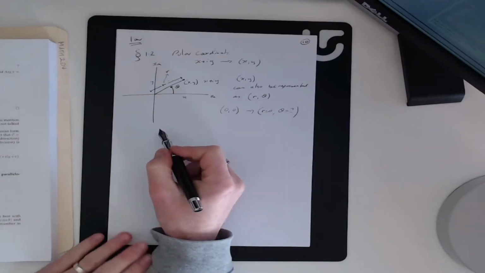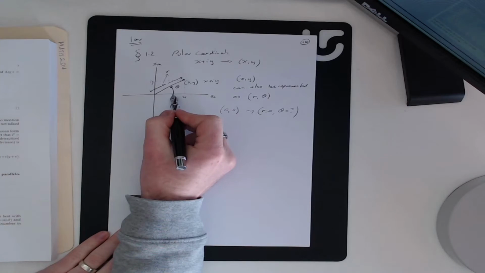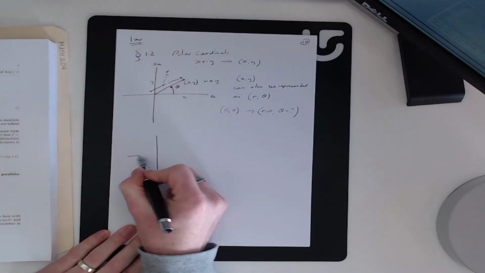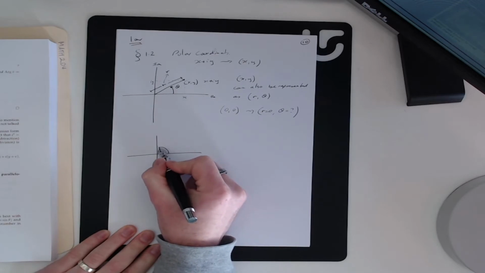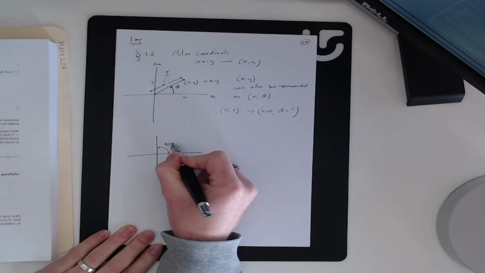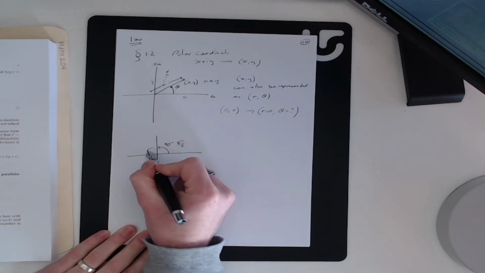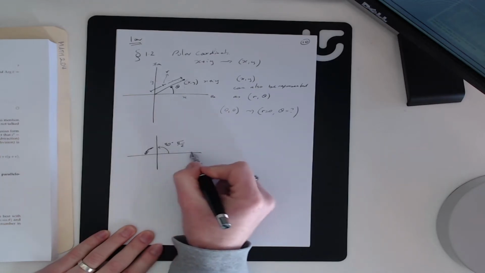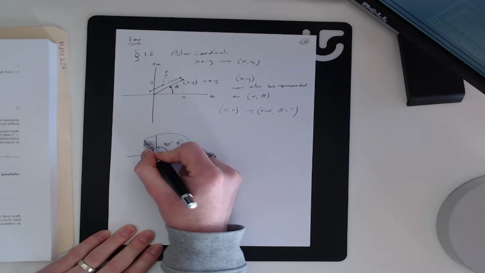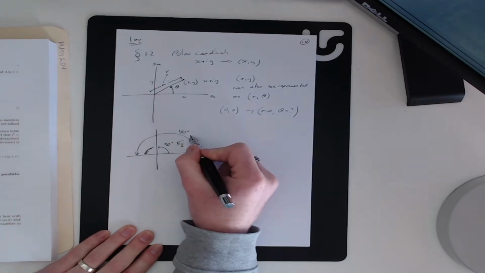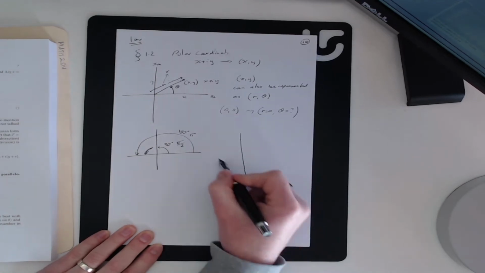So in radians, when you go around here, write this down. This angle here in radians, this is 90 degrees, and in radians this is pi over 2. All the way over there, 180 degrees, it's pi in radians.